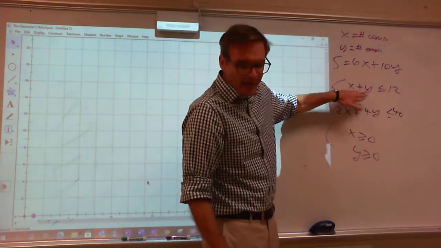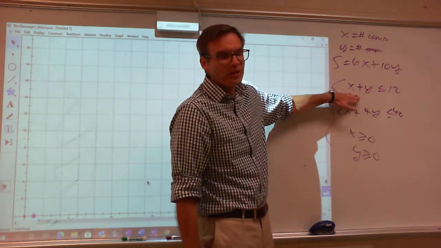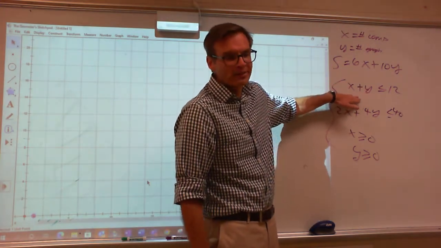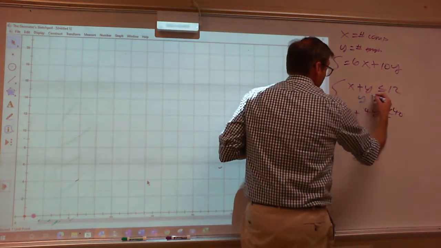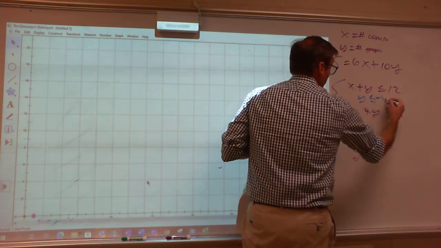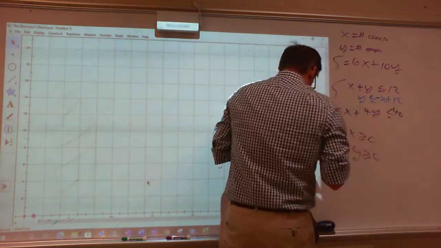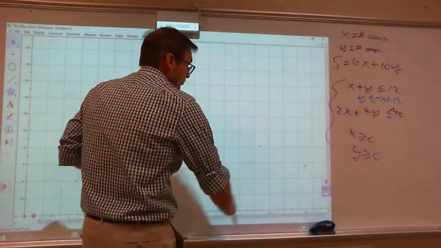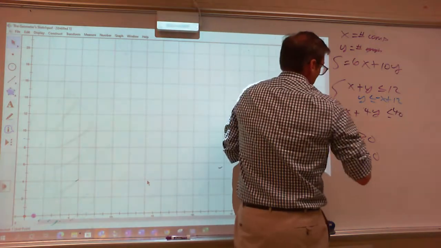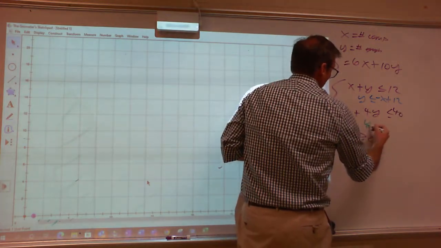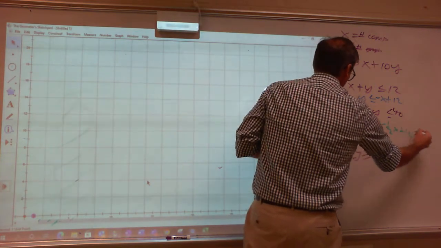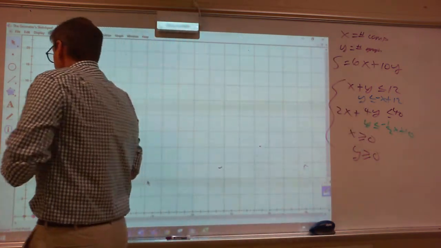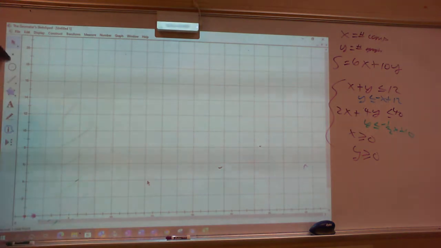I only like graphing when it's y by itself. So for this, I'm going to convert this to be y is less than or equal to negative x plus 12. I'm going to convert this one to say that y is less than or equal to a negative 1/2 x plus 10.